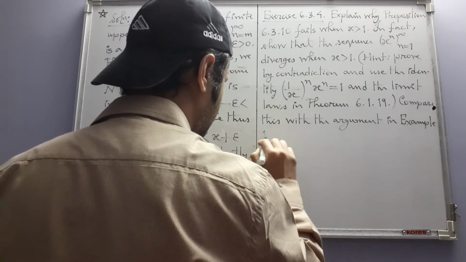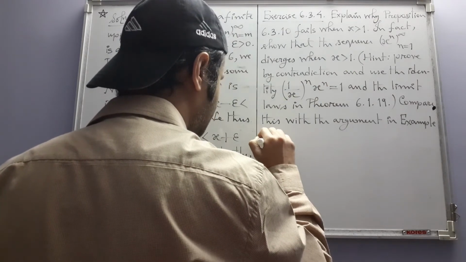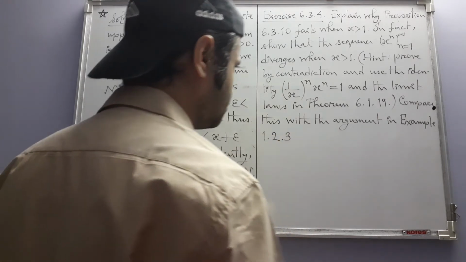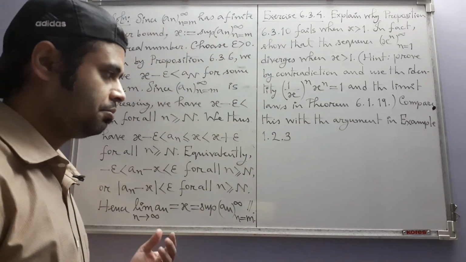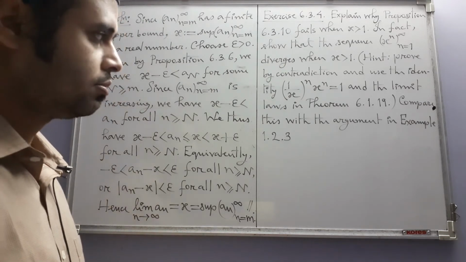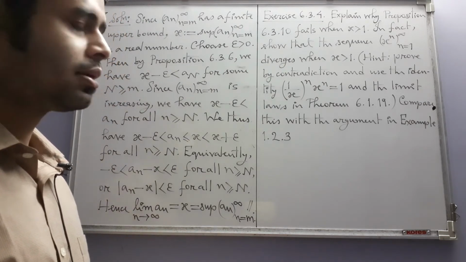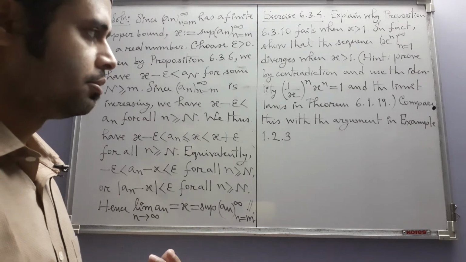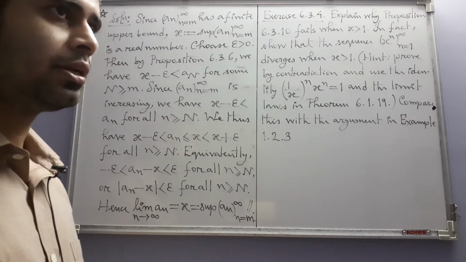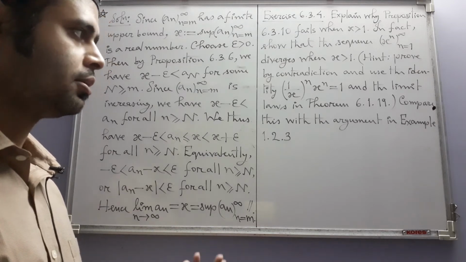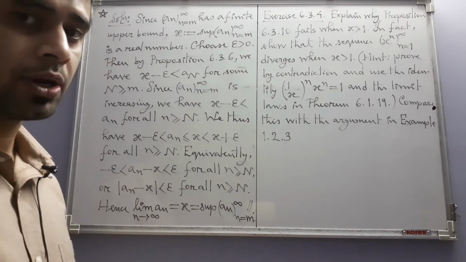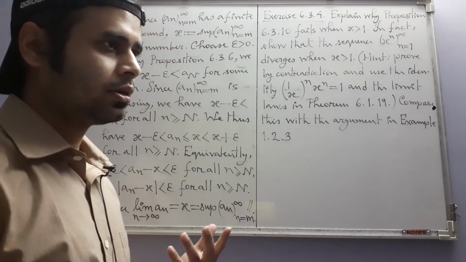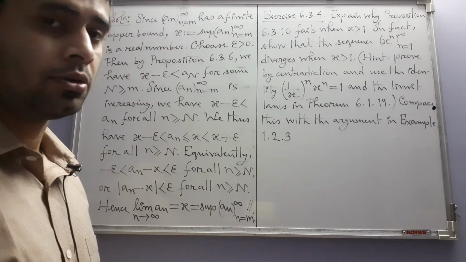So in example 1.2.3, if you remember, it is that place where we began everything by showing that if we carelessly use many of the rules of calculus, with which we are familiar but may not know how to apply properly, it can lead to nonsensical conclusions.